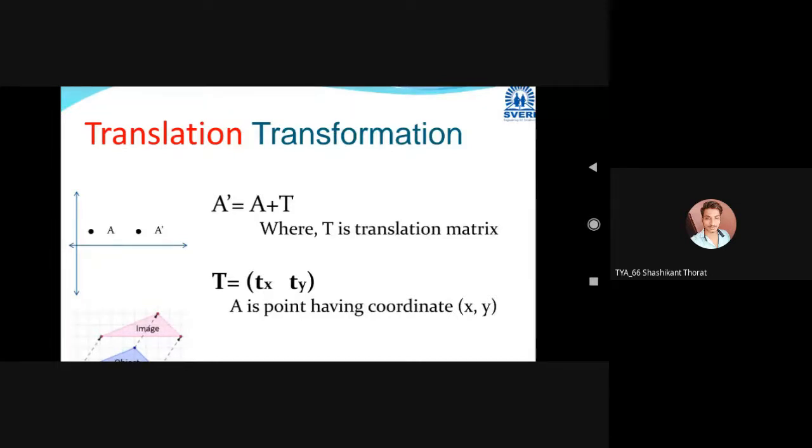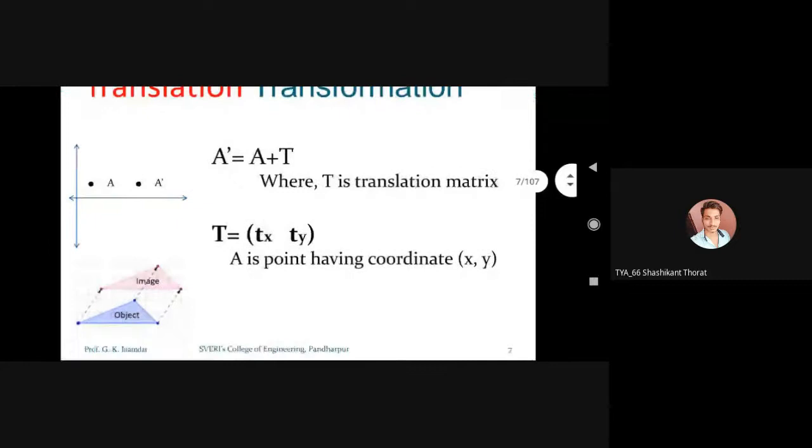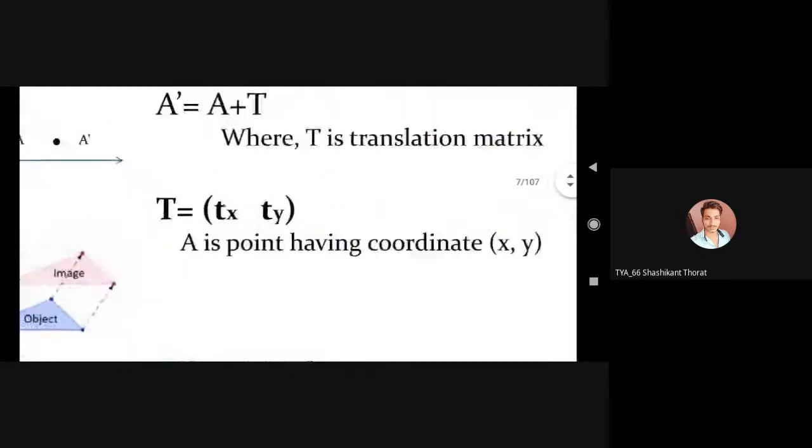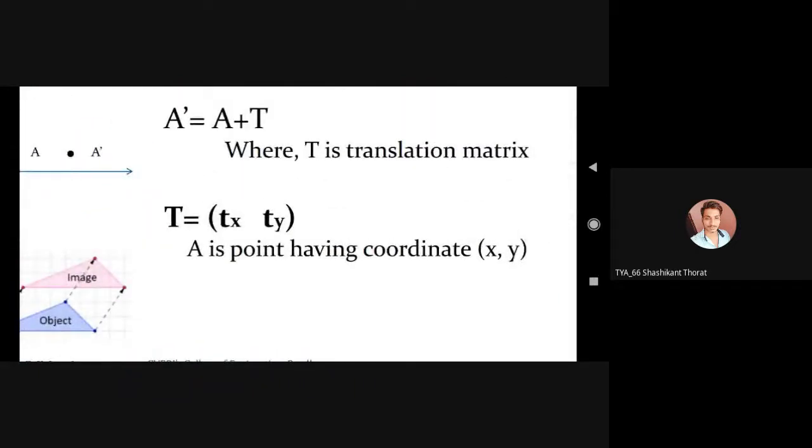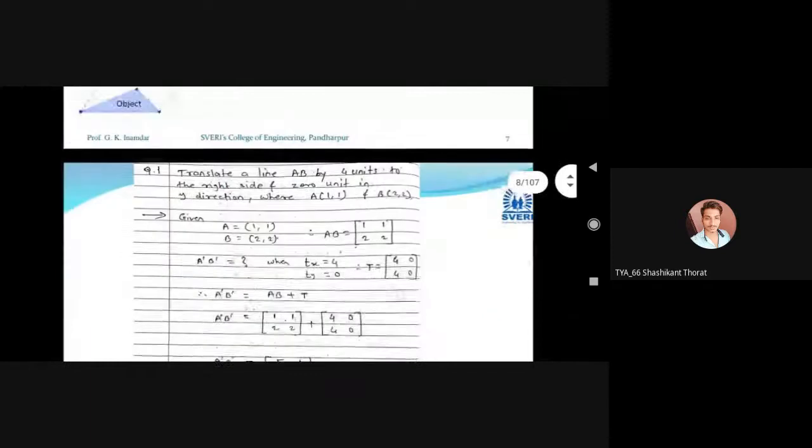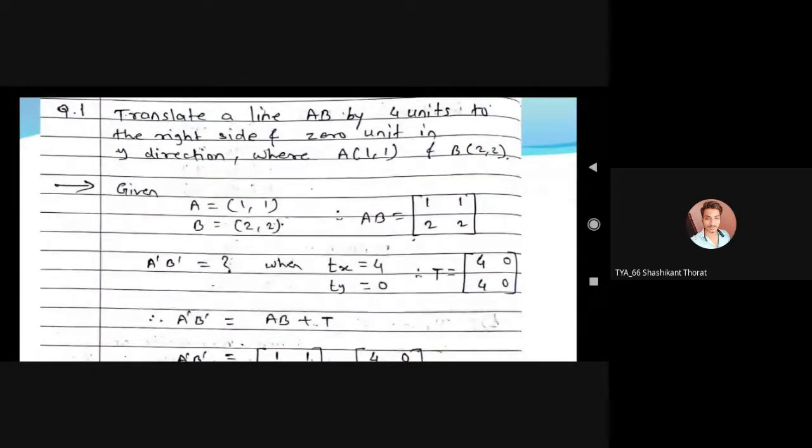A dash is equal to A plus T. What is T? T is nothing but the transformation matrix. A is a point having coordinates x and y, so you can write T is equal to Tx Ty. Okay, take one example. A short example: translate a line AB by 4 units to the right side and 0 units in the y direction.